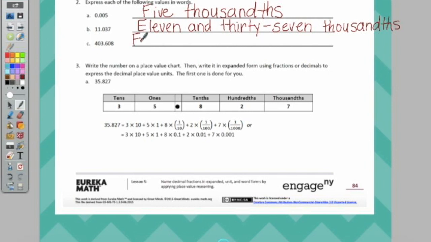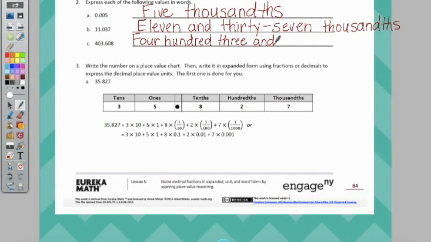Capitalize the first letter of the first word. 403. Now on this one, somebody put 400s. Would I count that right or wrong?